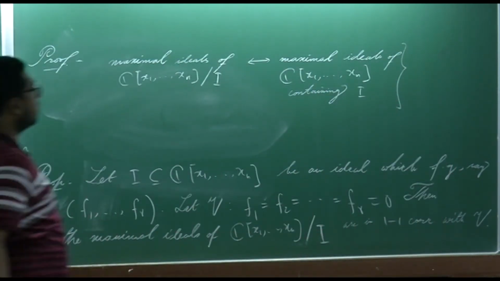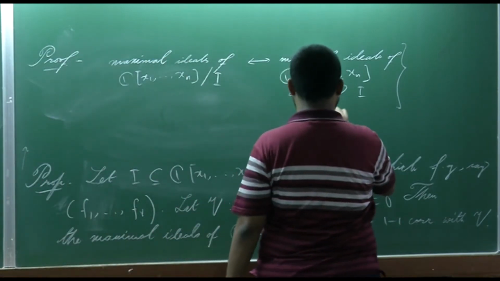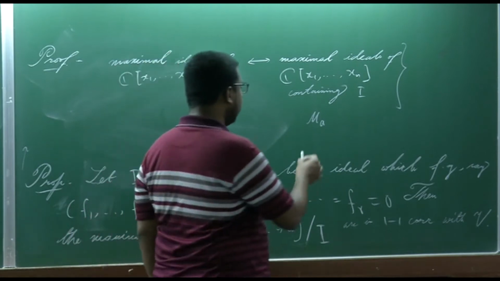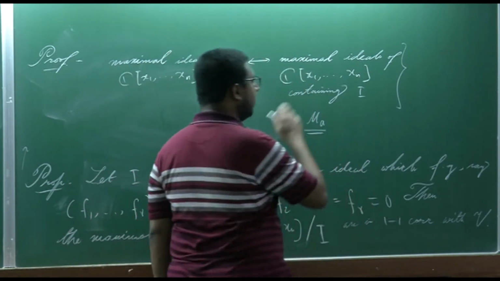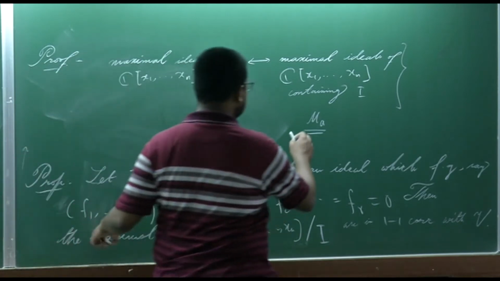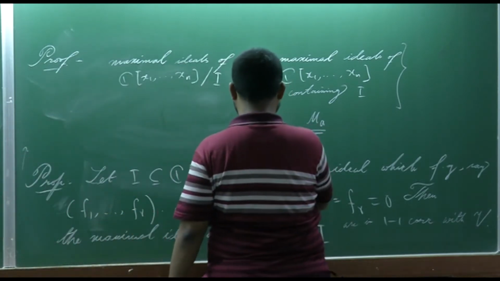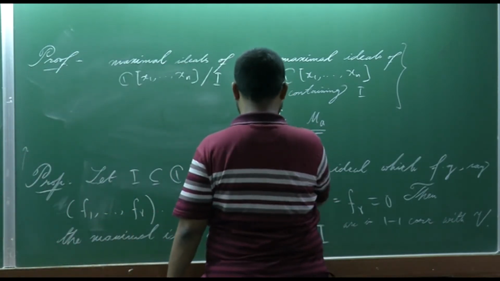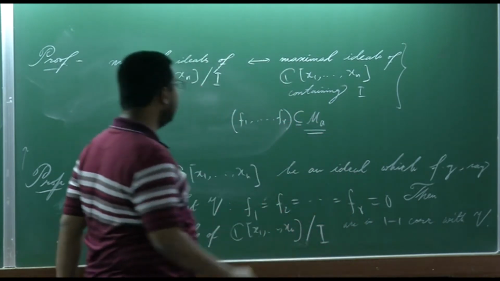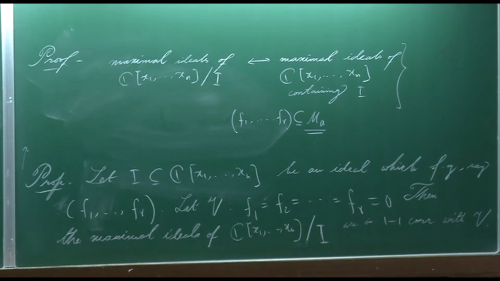Now try to understand: any maximal ideal will look like M_A for some point A, and this maximal ideal is containing I. Then what does that mean? Containing I means that all of f1 up to fr will be contained inside this maximal ideal.